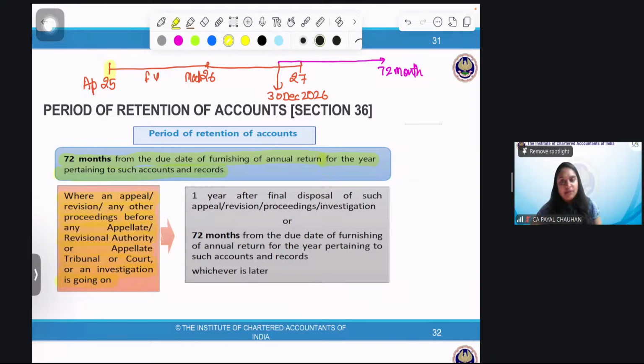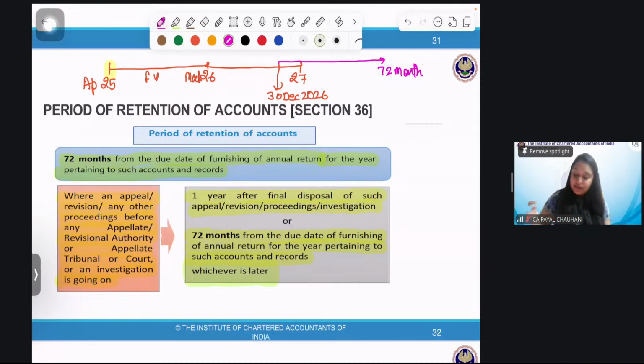If due to some reason some investigation is going on, your case is pending in any of the proceedings, authority or court, then 1 year after final disposal of such appeal, revision, proceeding, or investigation, whenever the decision comes, or 72 months from the due date of furnishing of annual return for the year pertaining to such account and record, and the most important thing is whichever is later.